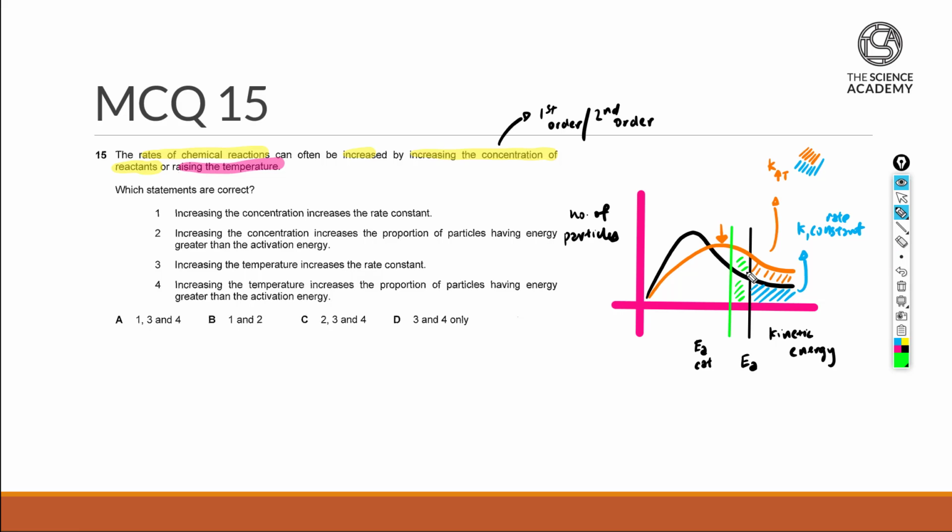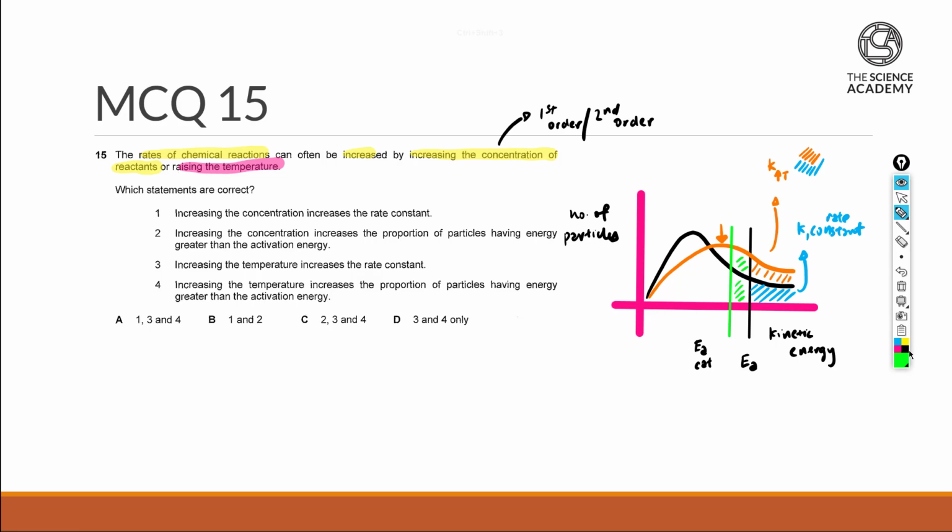And this means that your rate constant is also increasing as well. So do take note that temperature and catalyst are the items that can affect your rate constant, but apart from that, changing your pressure, your concentration, as well as your exposed surface area has totally nothing to do with increasing your rate constant K. It does affect the frequency of effective collision, but it does not affect your rate constant K.